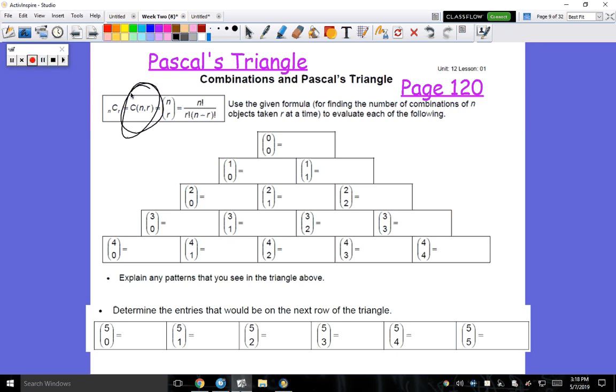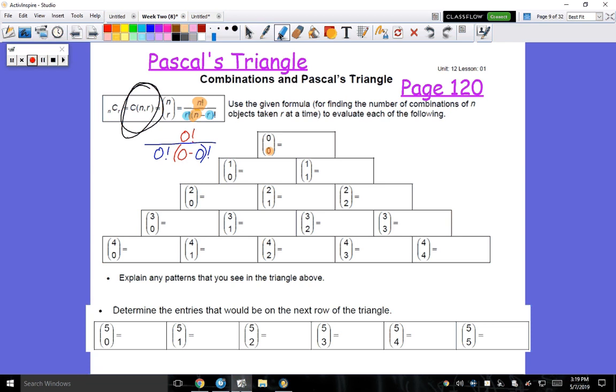This is built upon this equation that we started combinations with. Okay? So here we go. 0 choose 0. I'm going to color coordinate this. So it'll be 0 factorial over 0 minus 0 factorial, and then 0 factorial out here.